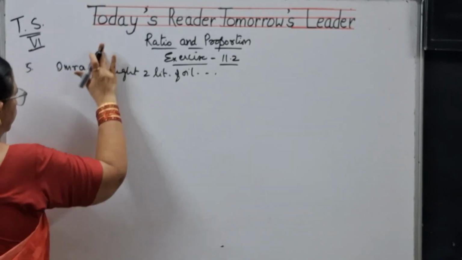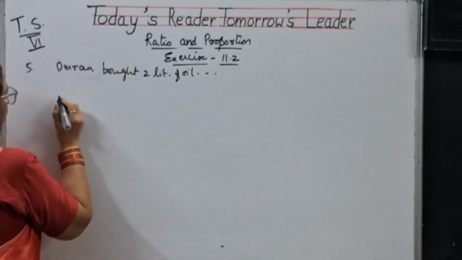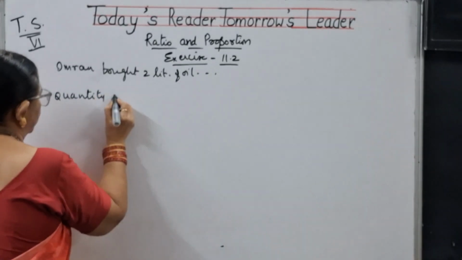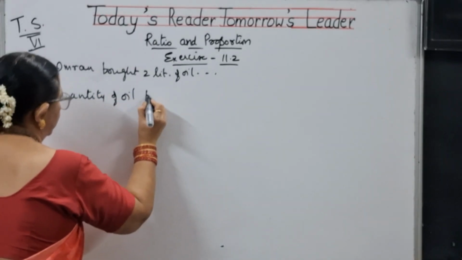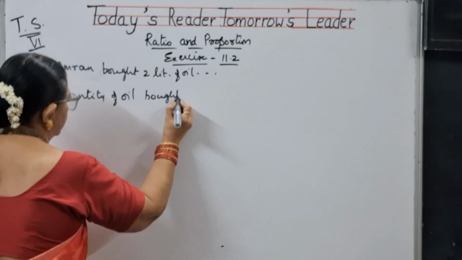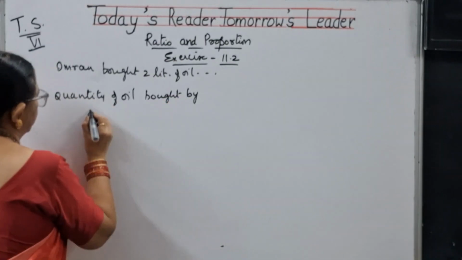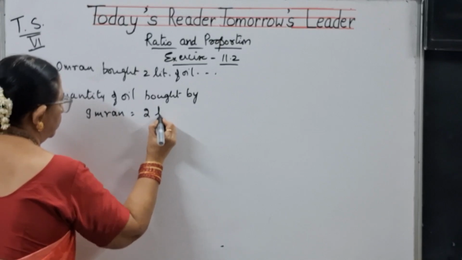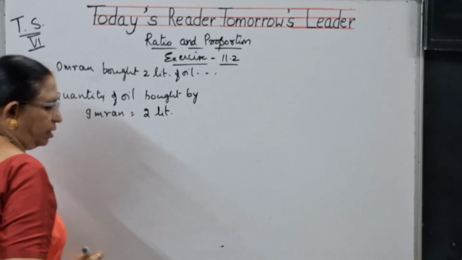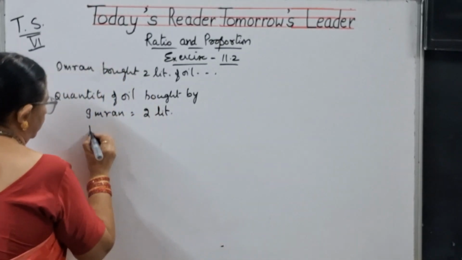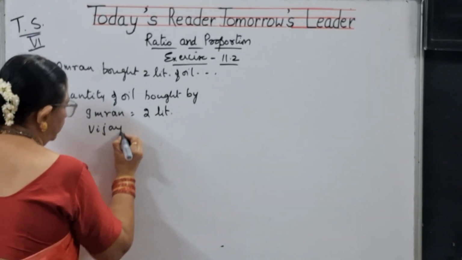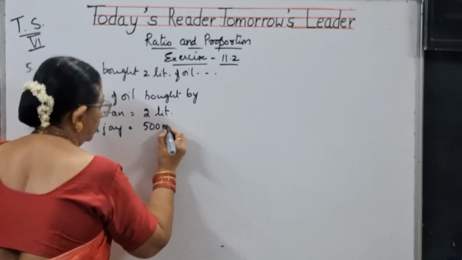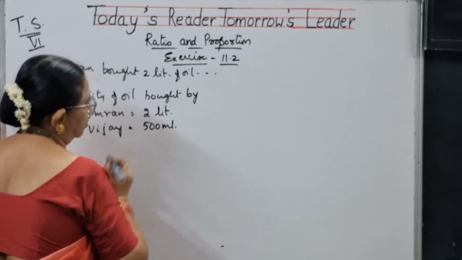So, what is the oil quantity of oil bought by first Imran? Imran is 2 liters and another person is Vijay. How much Vijay has bought? 500 ml.